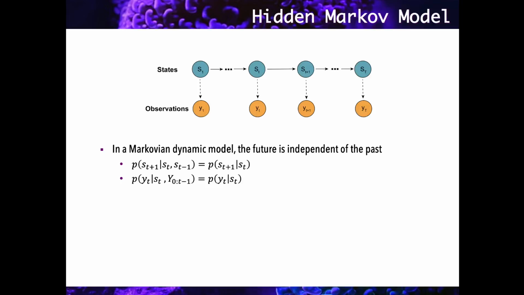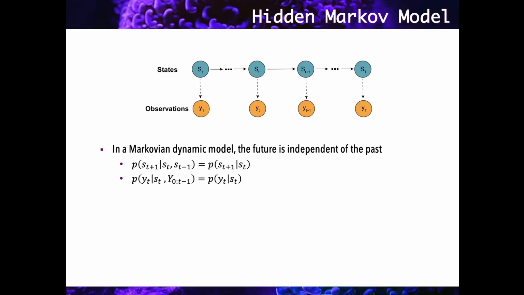A well-known algorithm that has been applied a lot to do this kind of inference is called hidden Markov models. In these models, we assume that the future is independent of the past. This means that the probability of being in a certain state or jumping into a future state only depends on the state that we are in now, and not on the state that we were in the past.